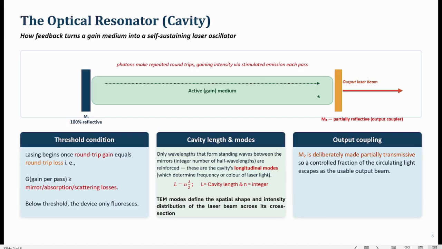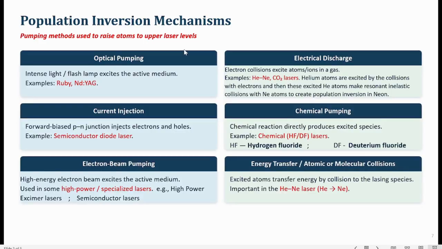So only that amount of light will escape out of this mirror which does not disturb the sustained population inversion inside the cavity. Not all the light emerges out of this mirror always.